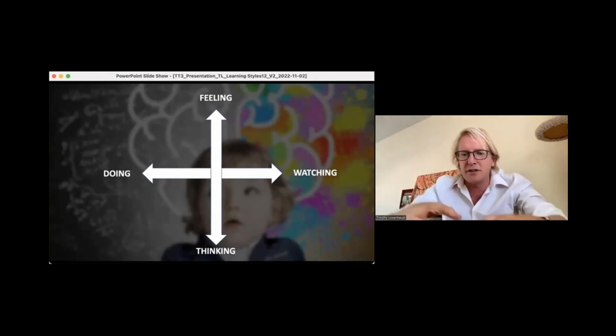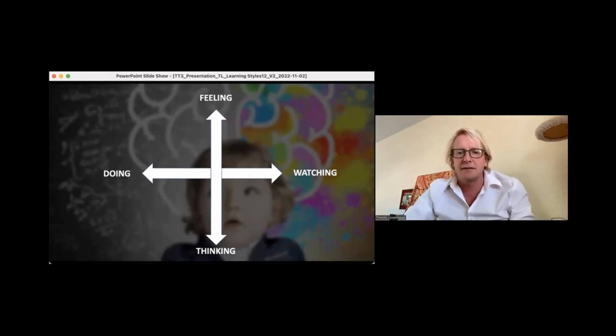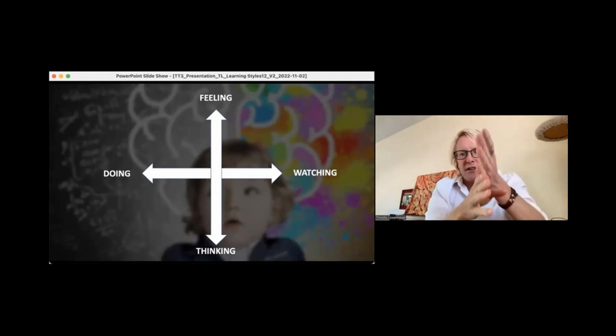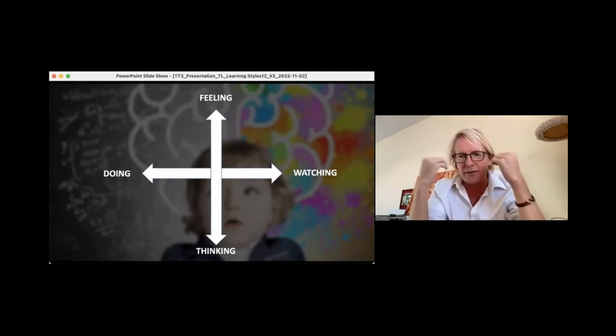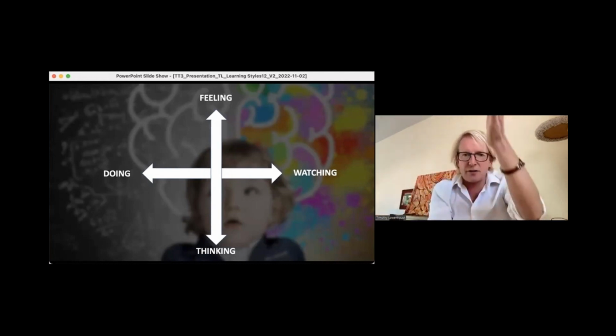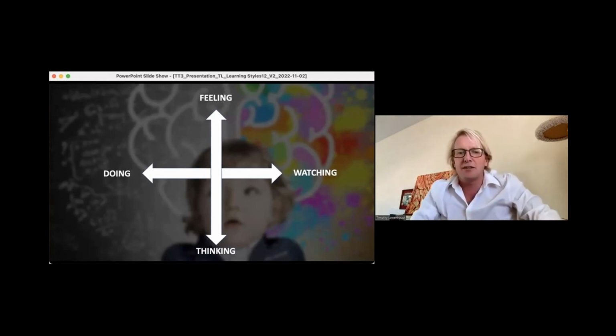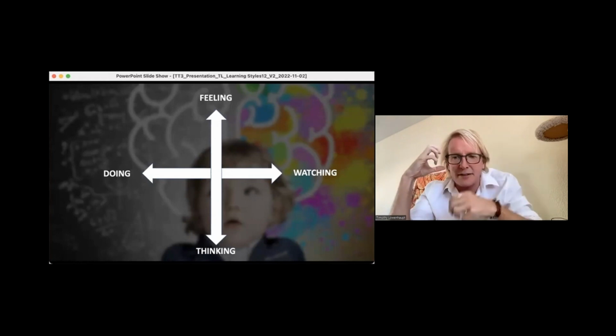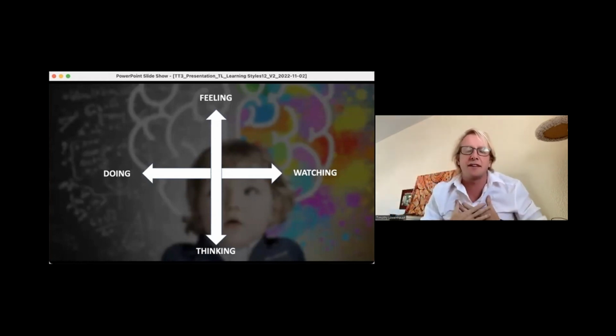You have to use your hands, you have to use your body. Okay, that's 2 options. Now the way you integrate, process it inside you. Horizontal is outside, vertical is inside. Inside, you either think about it, you use your brain muscles, or you have to feel it.